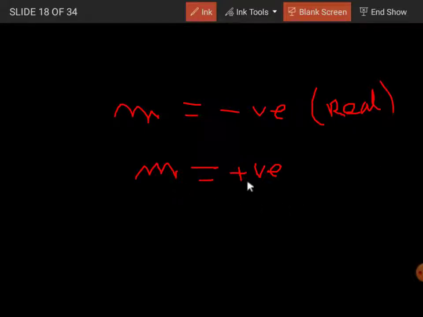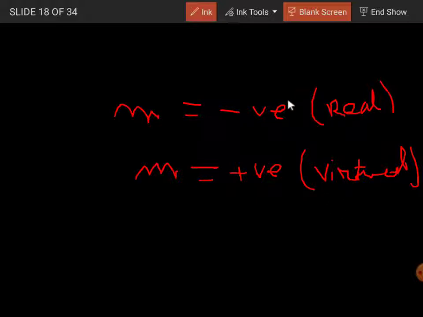And if magnification is coming out to be positive, then it will be virtual. As I'm writing with the mouse, it is very difficult compared to a pen, so the handwriting becomes like this. So if magnification is negative, the image is real. If the magnification is positive, then the image is virtual.